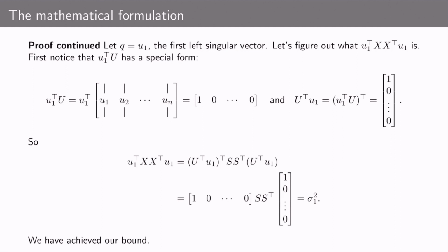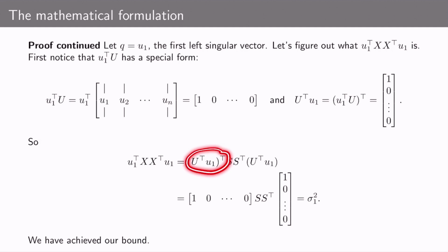Very similarly, U transpose U1, that's just the transpose of the product we just took. Therefore, I'll get a column vector with a 1 in the first entry and zeros in the others. Let's come back to U1 transpose X transpose U1. As we showed earlier, we can use the SVD of X to rewrite this product in the following form. And we've done a little preparation to understand what these terms are.